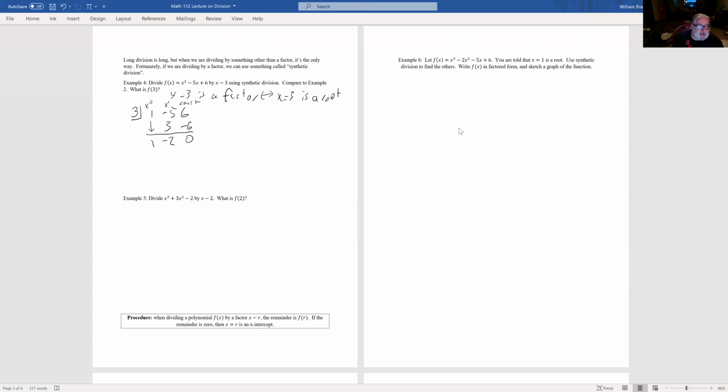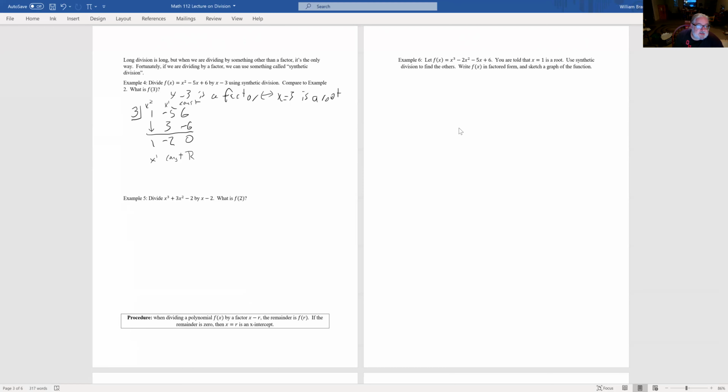Now dividing by x minus 3, this is a first power. So if we divide a second power by a first power, then we're going to end up with a first power. So this is my x to the 1st column for my answer. My constant is the second thing, and this is my remainder.